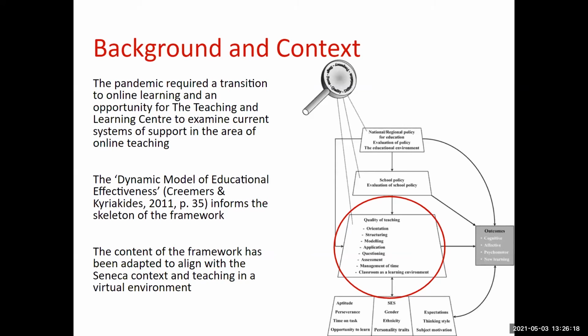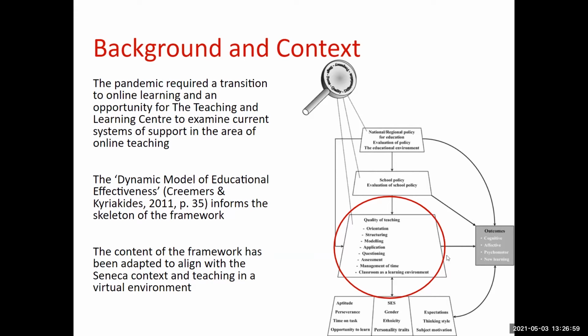And for us at the Teaching and Learning Center, it also provided us with an opportunity to critically examine the support and resources that were already in place and to really reflect on their usefulness and effectiveness and what their impact might be, to really consider that third piece as well. So although we did have a quality framework before this, and those of you who took the fundamentals of online course design and delivery course with us would have come across this, we wanted to move towards a more comprehensive approach to facilitate online teaching and learning at Seneca and to really support this as well.